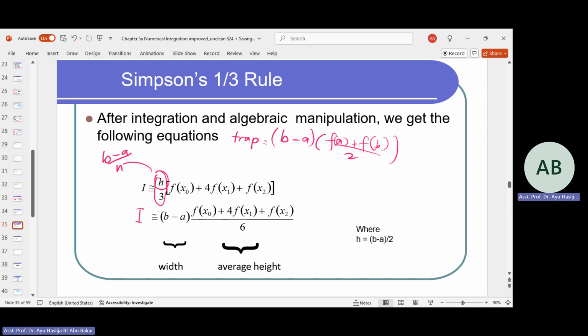Focus, even though you cannot grab, just focus. Then, this is the equation for Simpson 1/3. For Simpson 1/3, the intermediate part is multiplied by 4. Remember that we have at least 3 points. So this fx1 is multiplied by 4, the intermediate part.